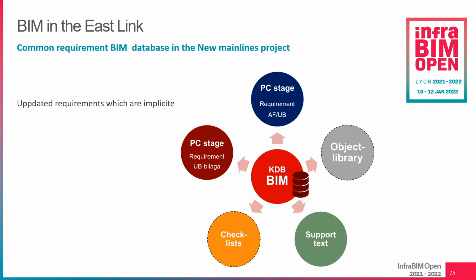We could connect other content to the requirements in the database, such as support text, checklists. There's a possibility to connect with the object library, and of course automated procurement. And we have also created a requirement working process.